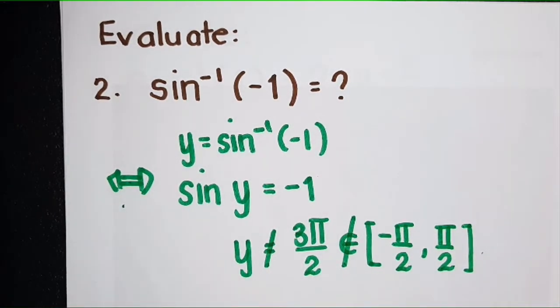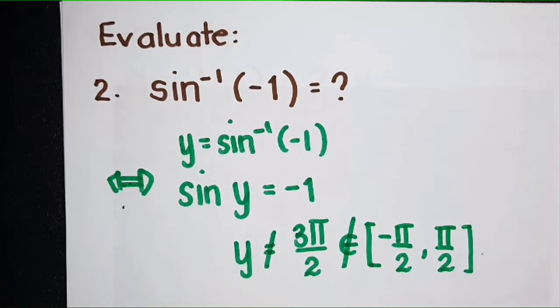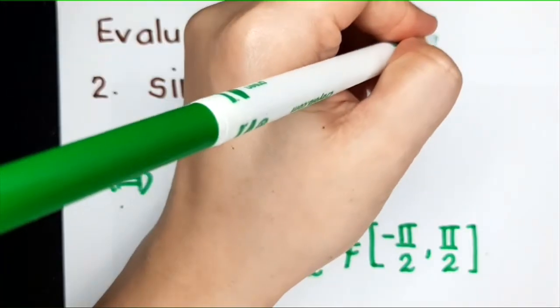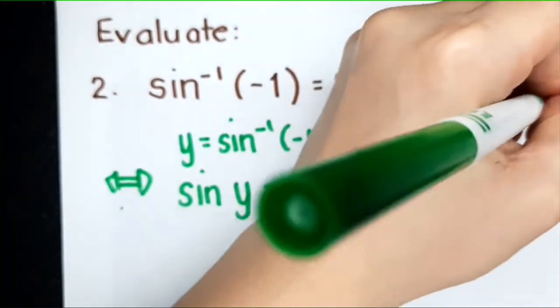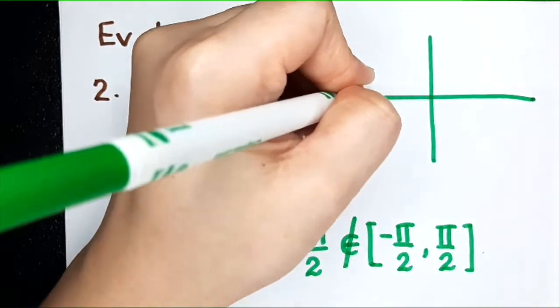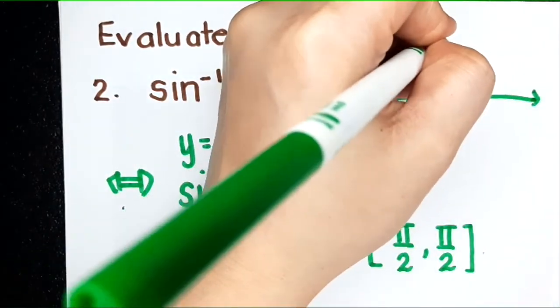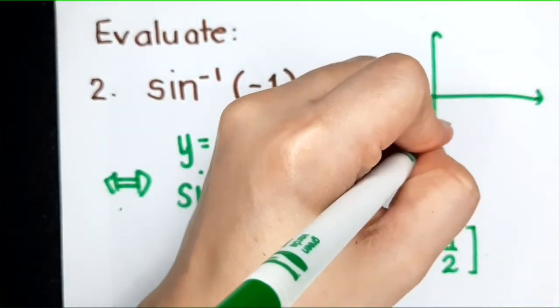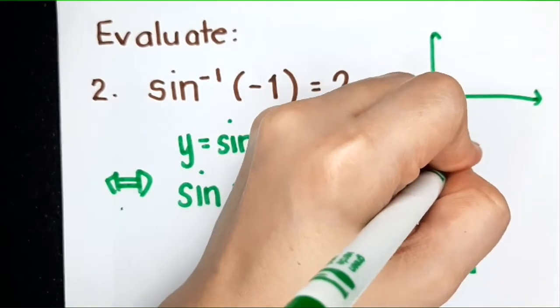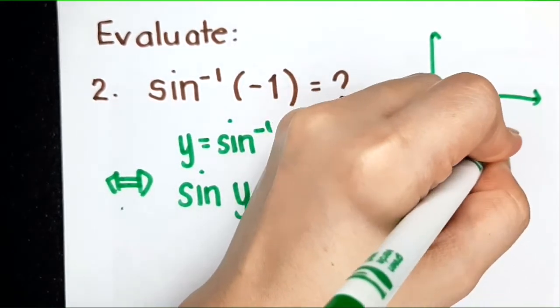Okay? Saan pa negative 1 ang value ng sine or nung y-coordinate? If we go back to our unit circle, nandito yung point na (0, negative 1).